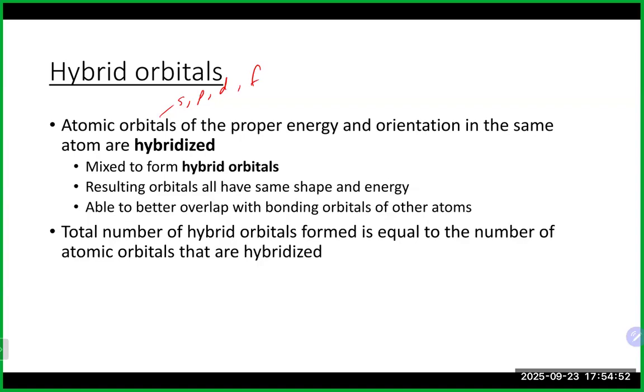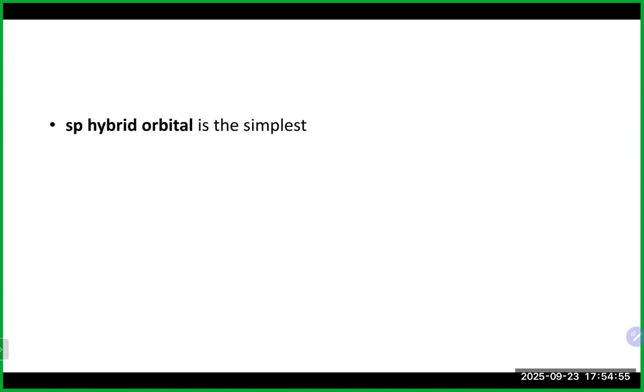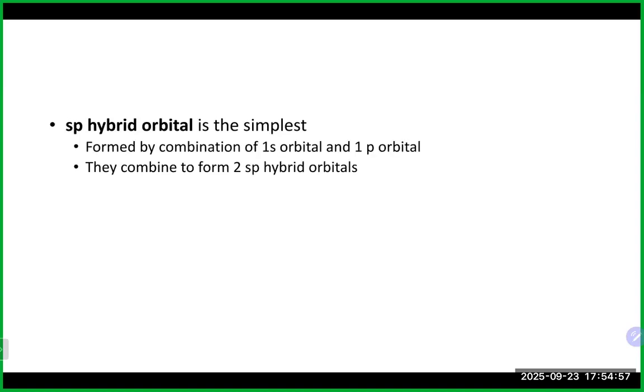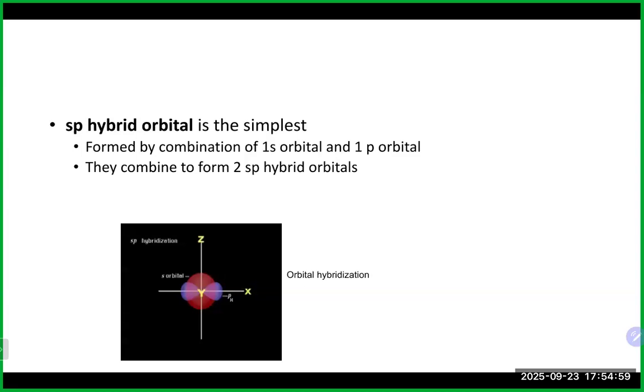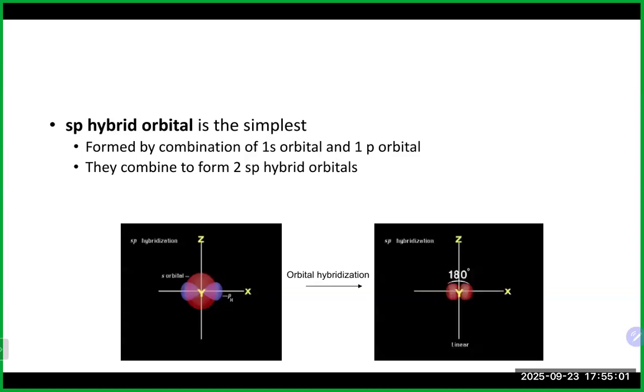The simplest hybrid orbital you could have results from a combination of an s orbital and a p orbital, and that is what is known as sp hybrid orbitals. When we talk about s orbitals, there's one s orbital, there are 3 p orbitals, and for our d's, there are 5 d orbitals.